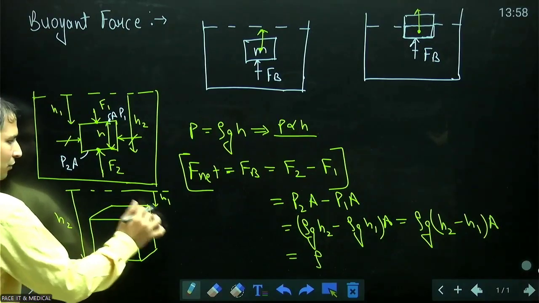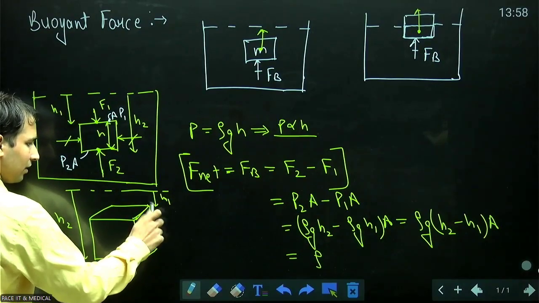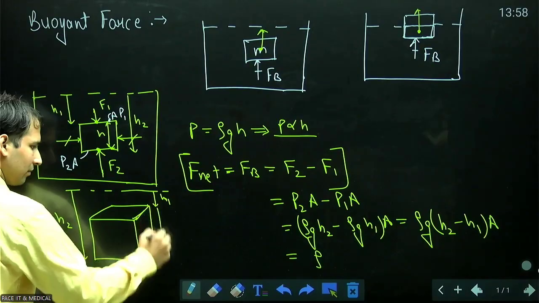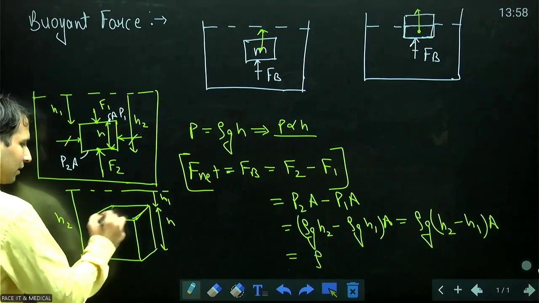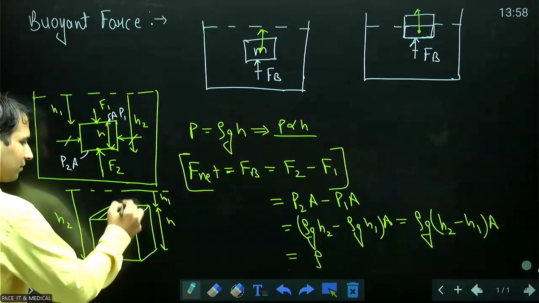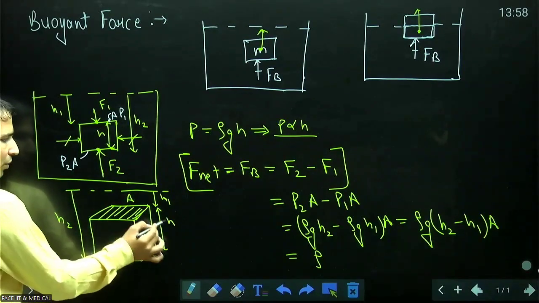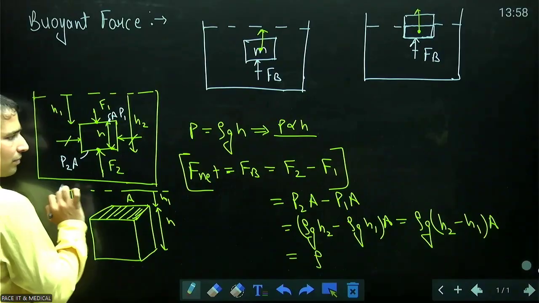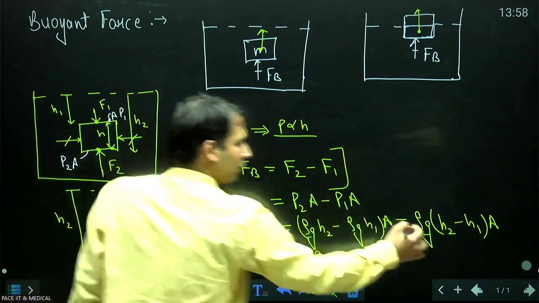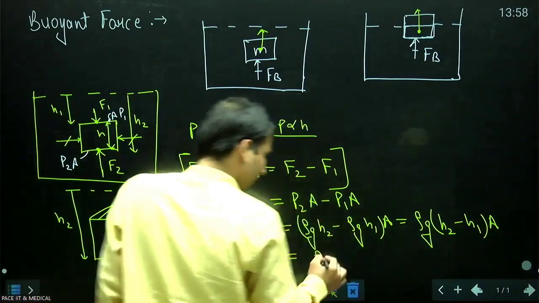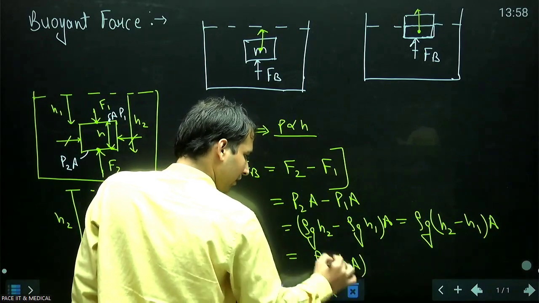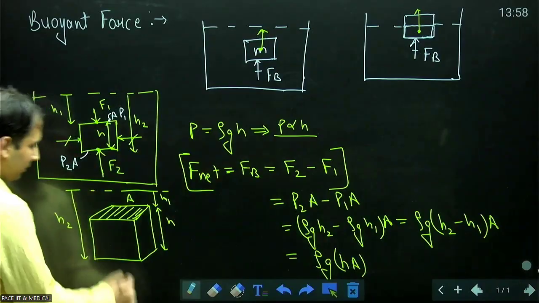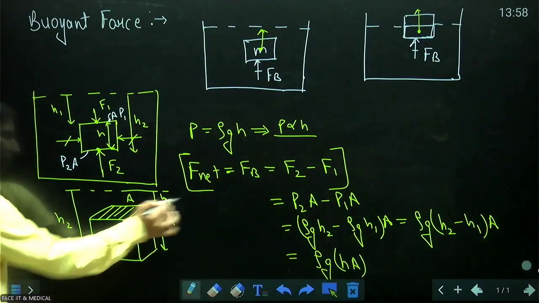So h2 minus h1 will be this length, the height of your box, and A is the area of this base. So A into h becomes its volume, right? We can write h2 minus h1 as h only. So rho g h into area, and h into area becomes the volume.